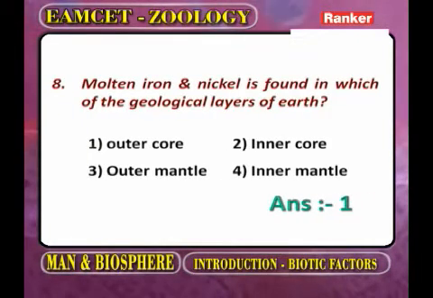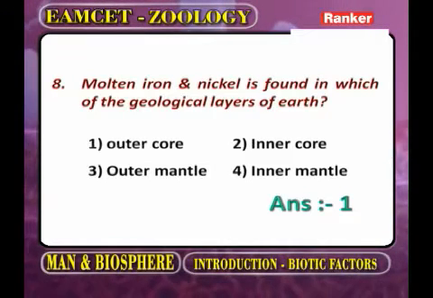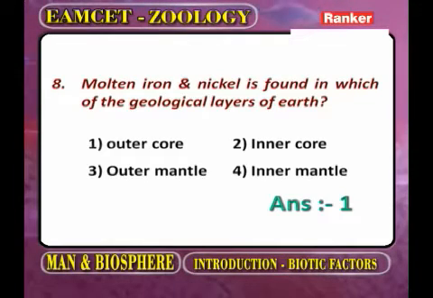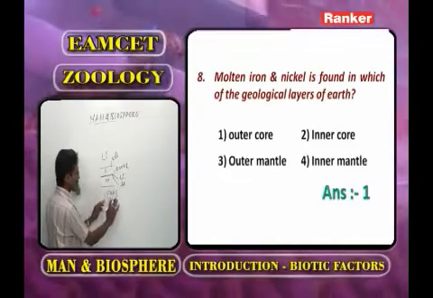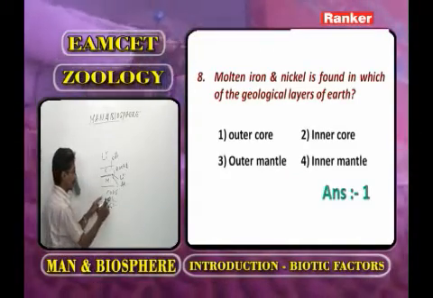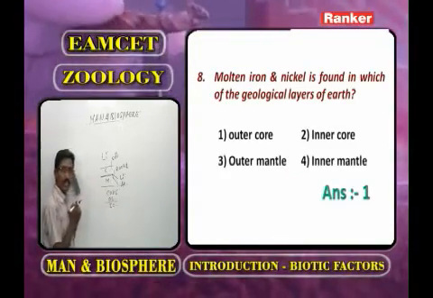Molten iron and nickel. Here the meaning of the question: iron and nickel are in the molten state. The molten iron and nickel is found in which of the geological layers of earth? Now, as we observe the earth, we have crust, mantle, core. The core is classified into outer core and inner core.